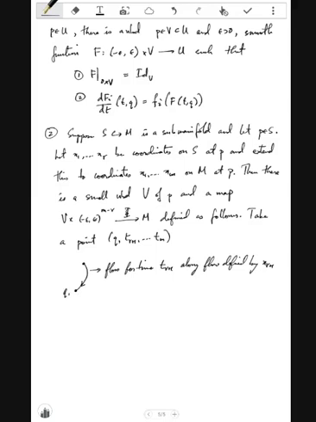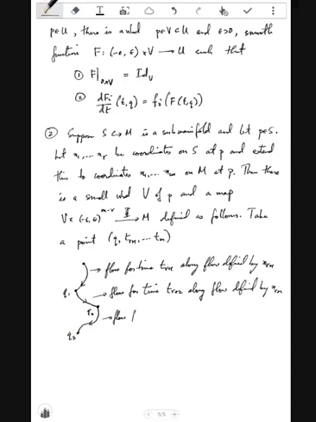Then at Q1 we flow for time t_{r+2} along the flow defined by x_{r+2}, and then we reach a point Q2 and we flow for time t_{r+3} along the flow defined by x_{r+3}, and so on.